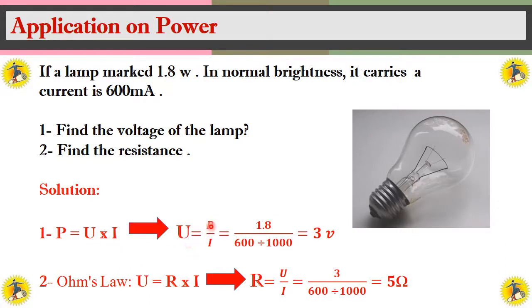So U equals P over I, we will get 3 volt. Find the resistance. By Ohm's law, we can find the resistance R equals U over I, we get 5 ohm. Or we can use the formula related with power, we can also find it in the same way.